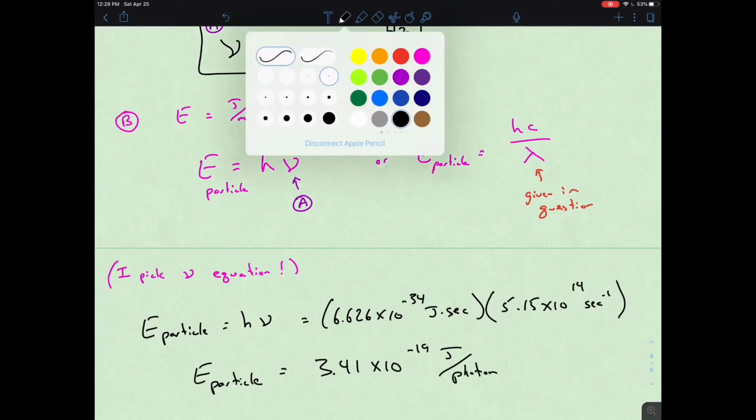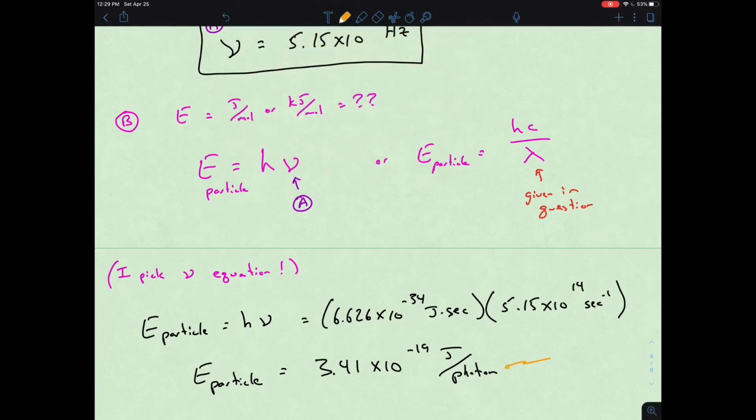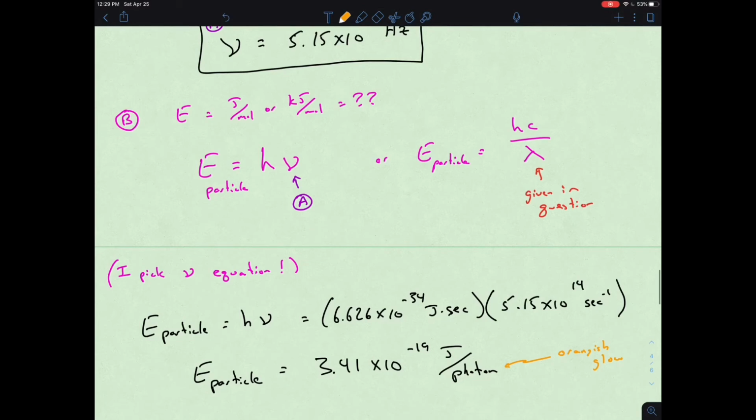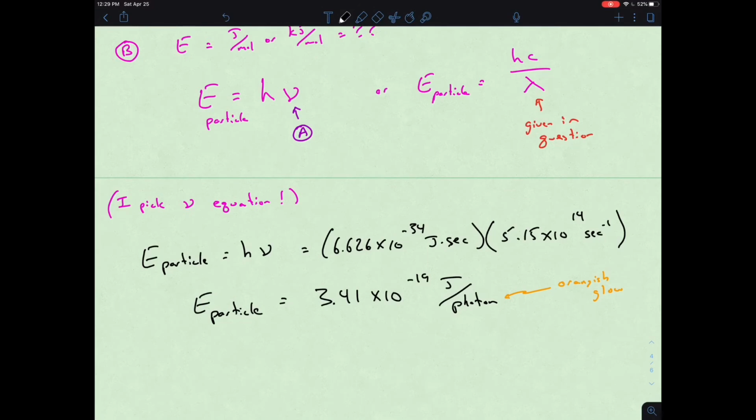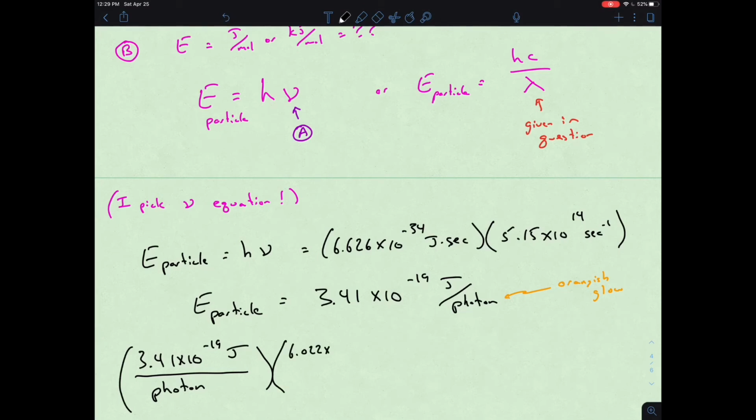Remember, the photon is giving us the orangish glow, right? So now we have an energy associated with that, and now it's just a conversion. We are in terms of per photon, so we just need to use Avogadro's number to now get it in terms of per mole.